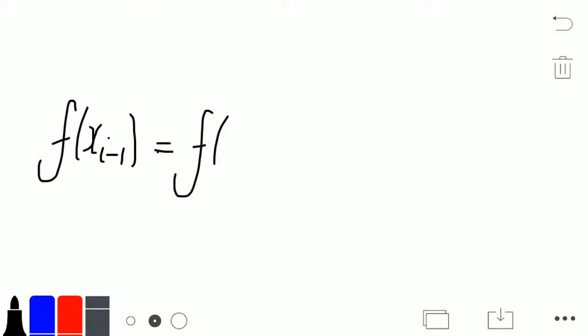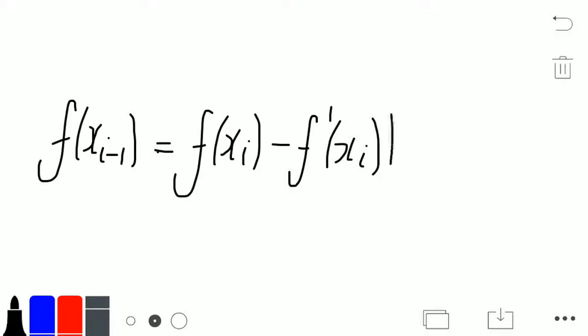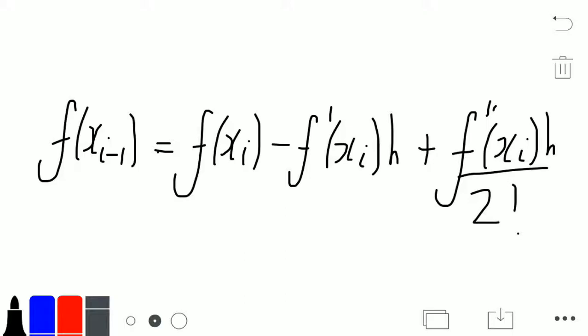if we do the Taylor approximation, to calculate the value at f of xi minus 1, so f of x at i minus 1 is equal to the value of f at xi minus the first derivative at xi multiplied by h plus the second derivative at xi times h squared over 2 factorial.